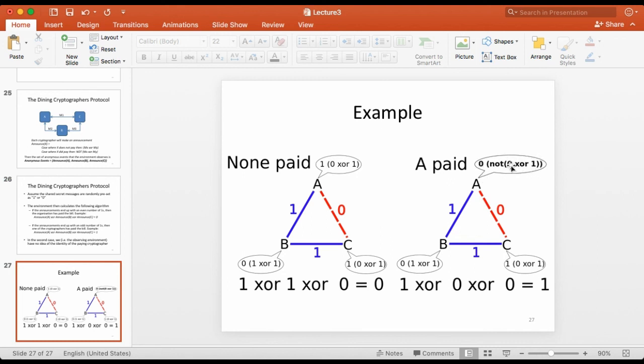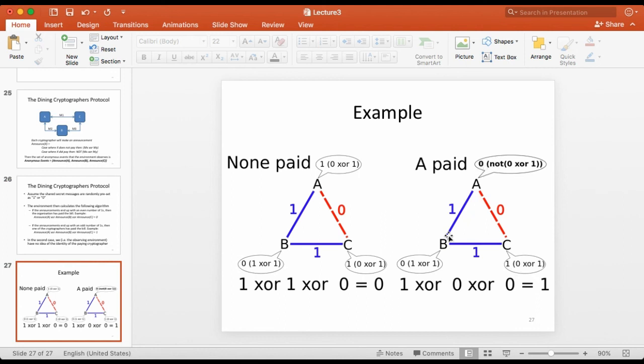Okay, so instead of announcing 1, it will reverse that result and announce 0. On the other hand, B and C will not lie. They will say the truth because they didn't pay, so they will just XOR their secret digits and announce the result just as it is.